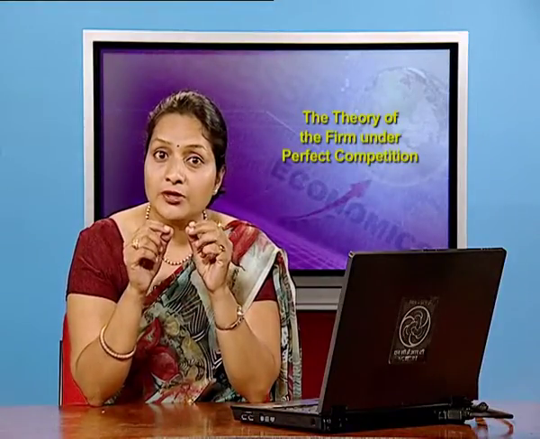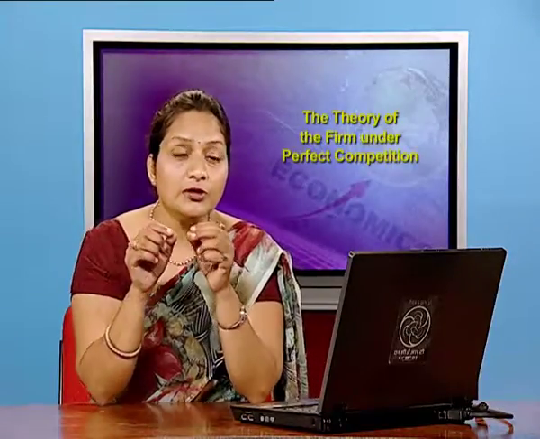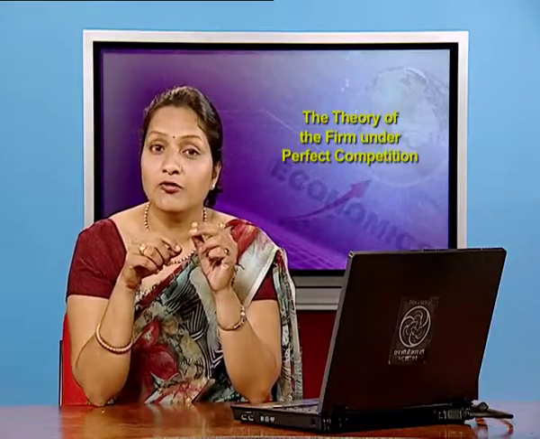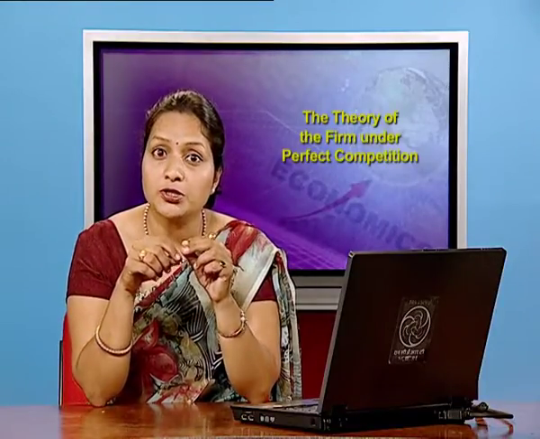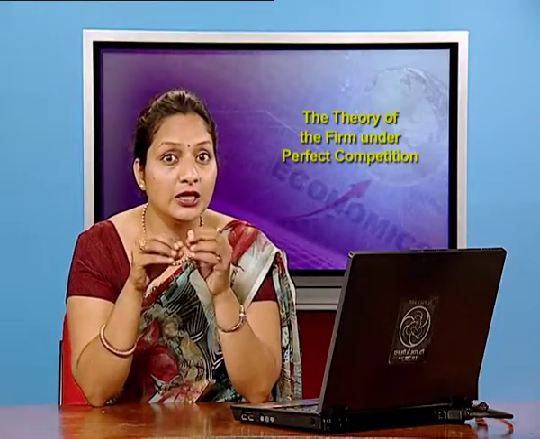There may be some kinds of inputs which the firm owns and therefore does not need to pay anybody for them. These inputs do not have any explicit cost, but they involve some opportunity cost to the firm. The firm, instead of using these owned inputs, may get some return on them.